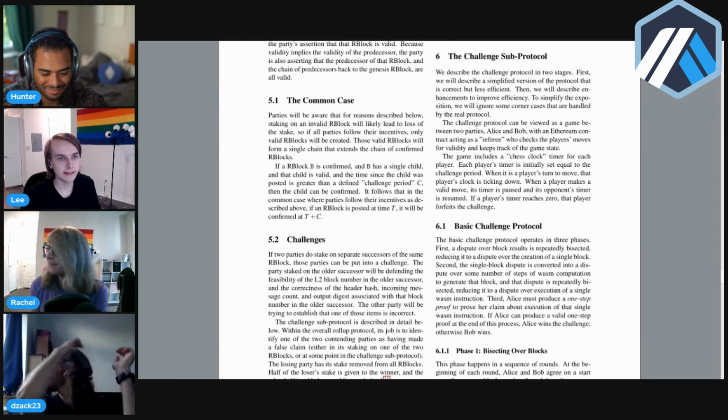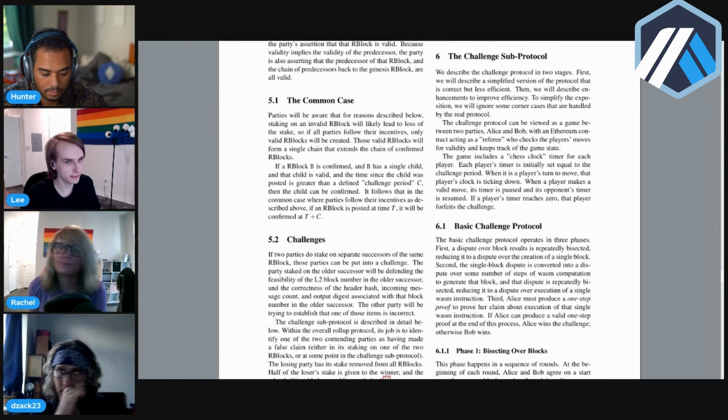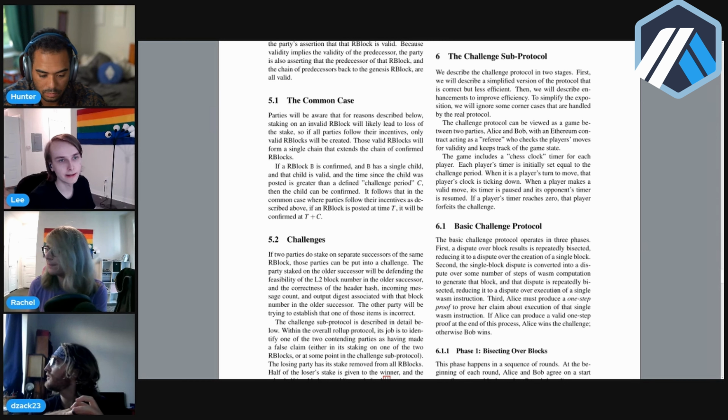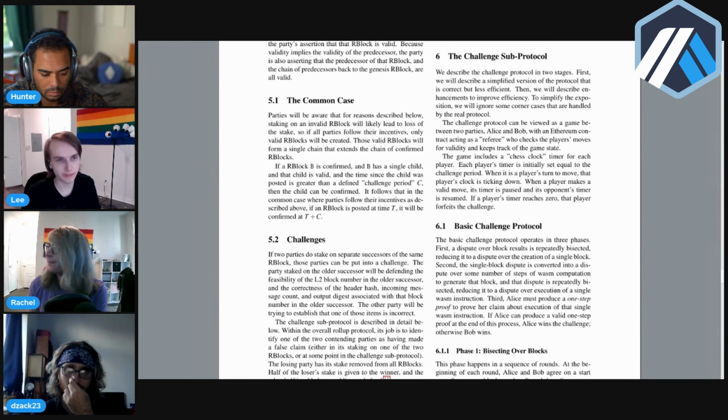Just the general idea is, you make an assertion. If someone else disagrees with you, which should be rare because, again, we're an optimistic protocol and nobody wants to burn their stake, then you first narrow it down to a specific block by bisecting, which means you keep narrowing down which range the block is in until you find a specific block that you disagree on.